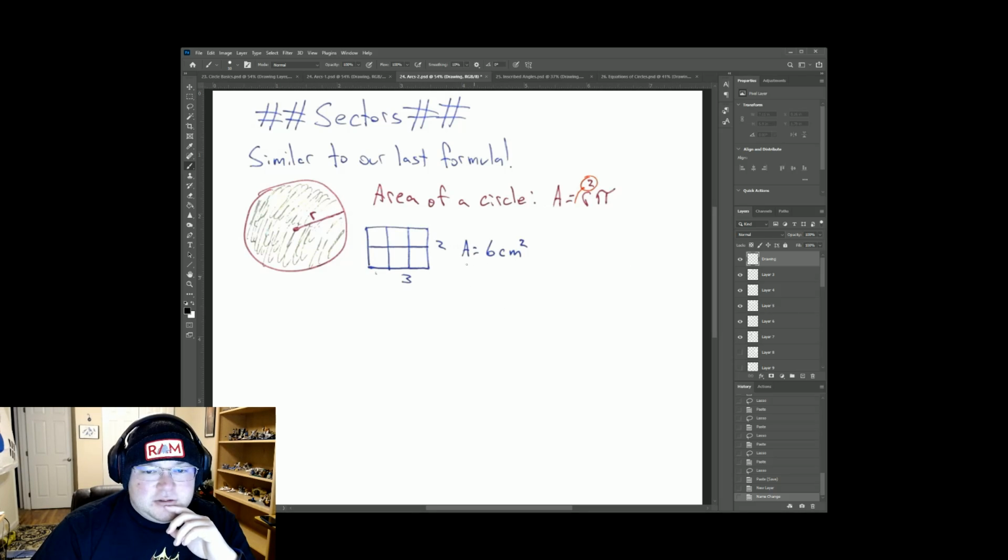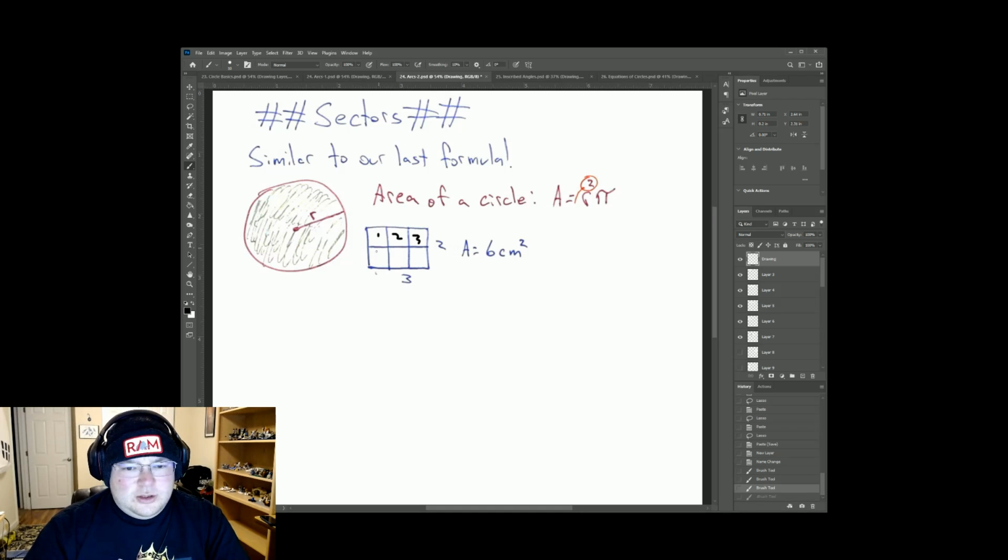And just as a note, if I had a rectangle that's 3 by 2, this has an area of 6 centimeters squared, which literally means if I cut this into little centimeter boxes, there's literally 6 boxes that are each a square centimeter.